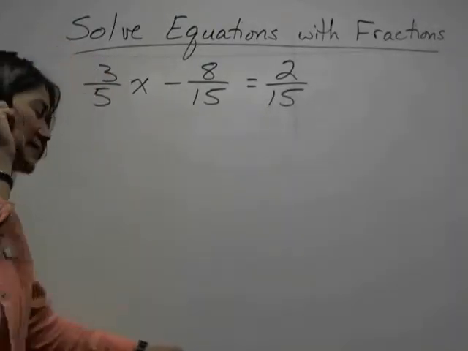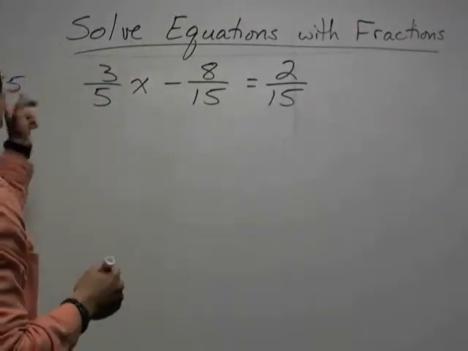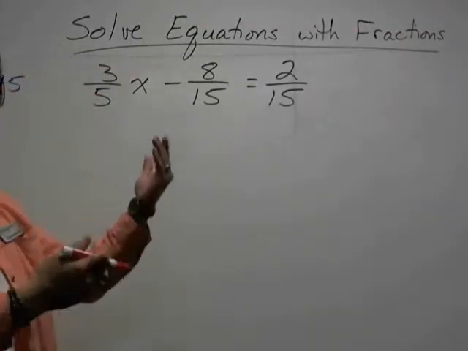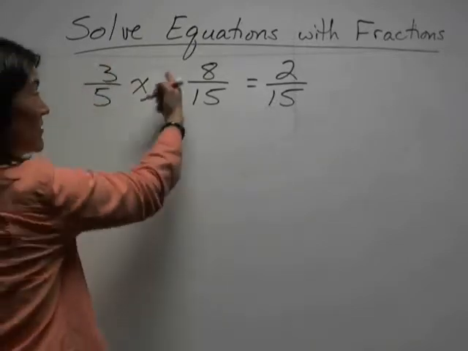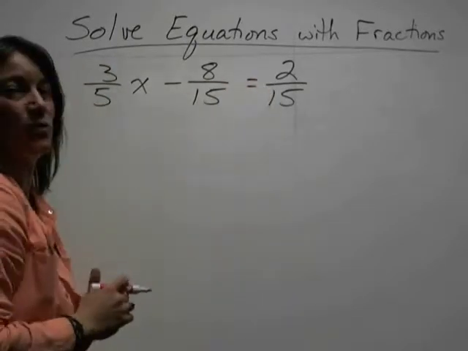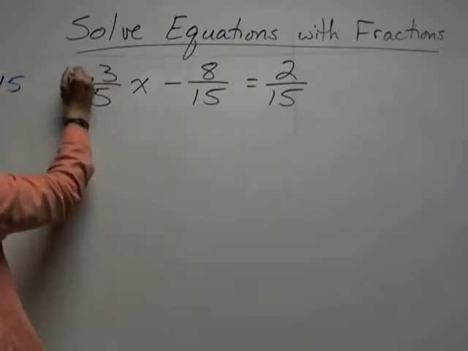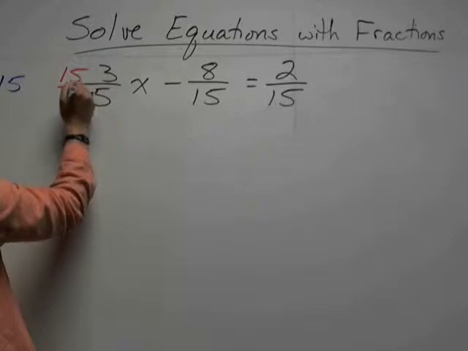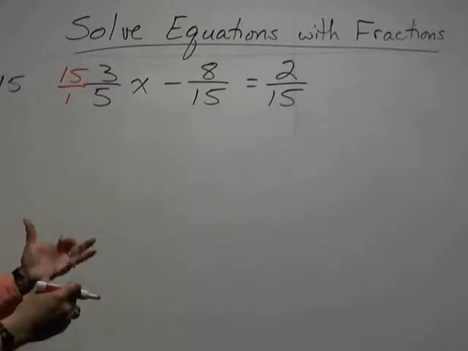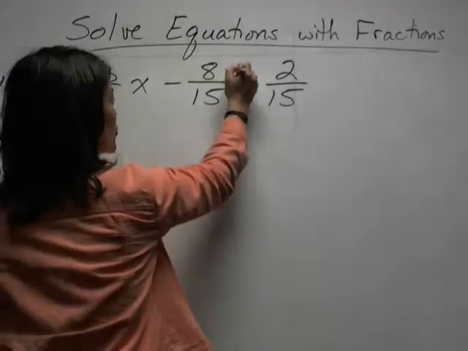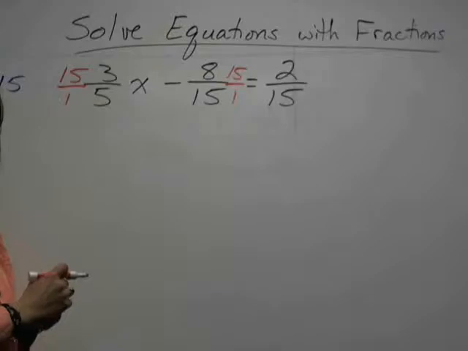So I'm multiplying the top numbers, not the bottom, by the LCD. So I'm doing it the LCD over 1. And it has to be every term on both sides. That's how we multiply everything on both sides. So I'm going to multiply this by 15. If you want to look at it as 15 over 1, you can do that. I'm going to multiply this other term here by 15 over 1. I'm just squeezing it in over here where I have some room.